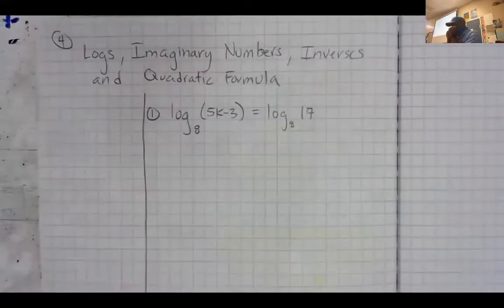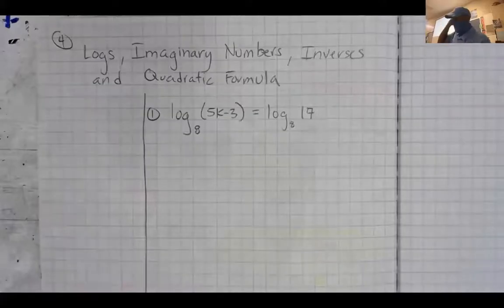Okay. All right. So logarithms. Now, there are different situations you're going to face. So logs. Now, if you have logs on both sides of your equation, your goal is to cancel them, to get rid of the logs.